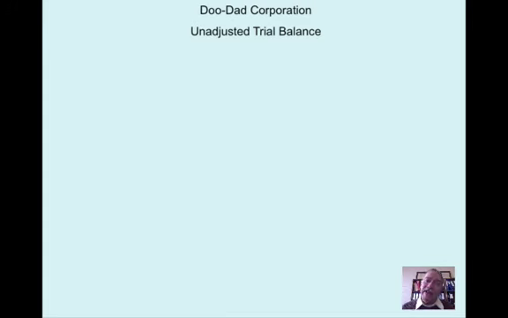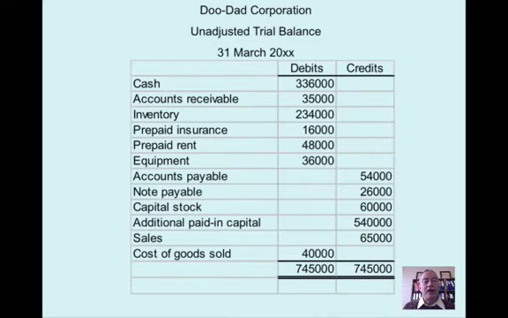It still needs to have a heading, but it's still an internal working paper, and it says the name of the company, unadjusted trial balance, and the date. Well, this is the end of March. And we're going to list here all of the debits and all of the credits, the balances of all of the T accounts that we've done, and we're going to check to make sure that debits equal credits.